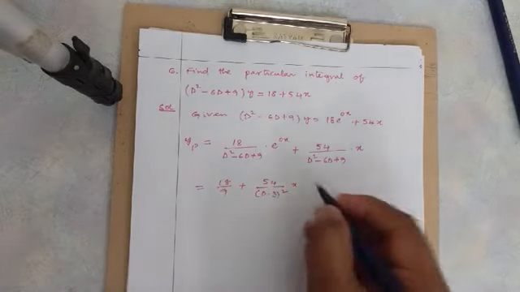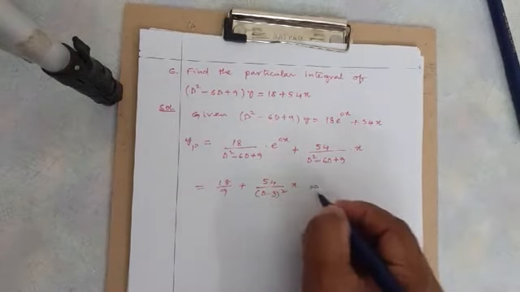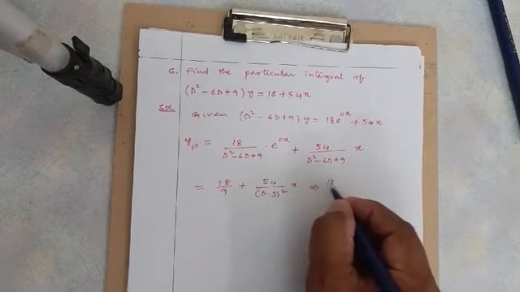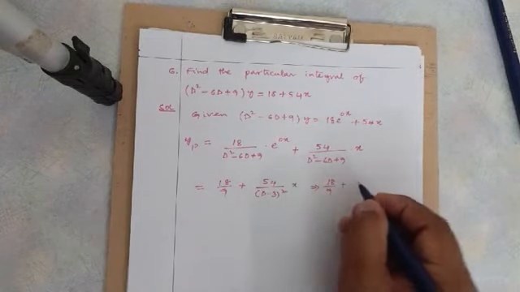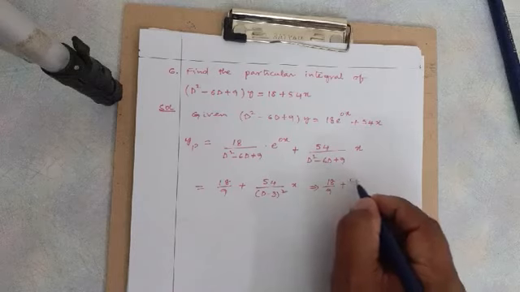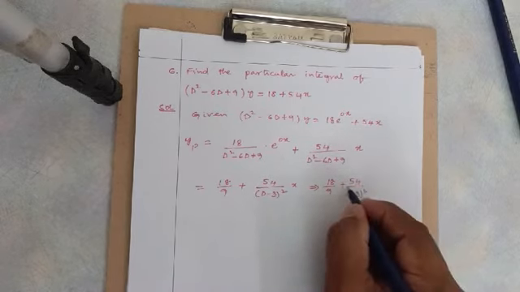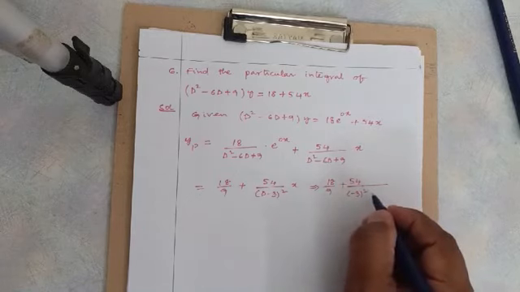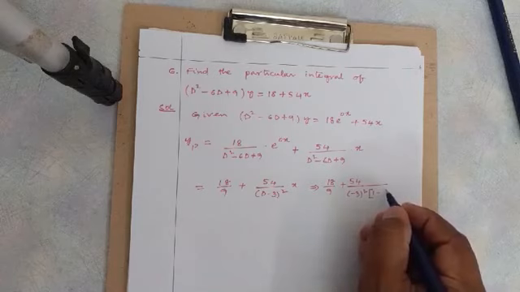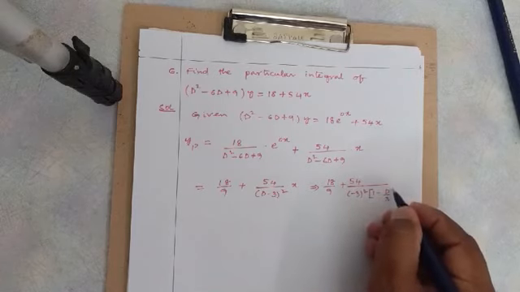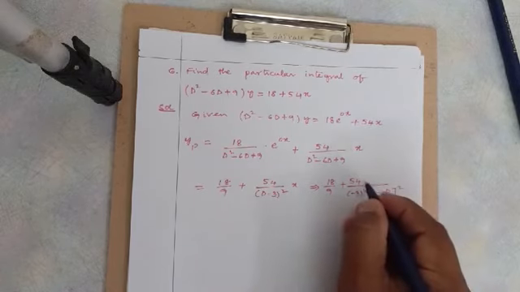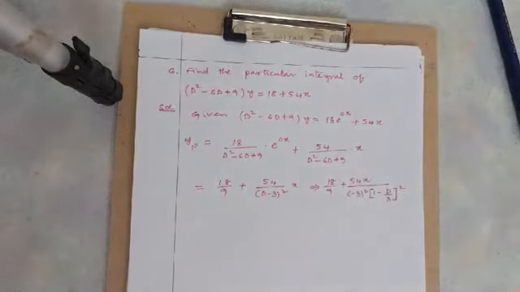Then this implies 18 by 9 plus 54 upon minus 3 square into 1 minus d by 3 whole square, with x in the numerator.